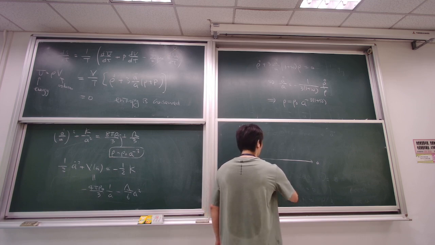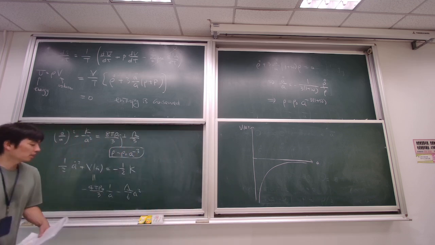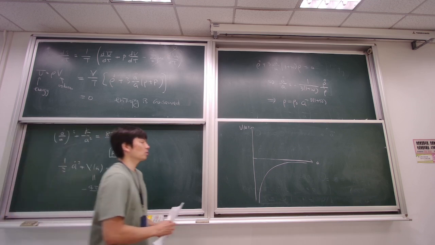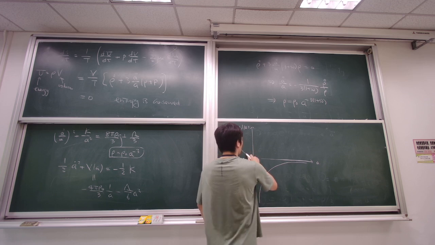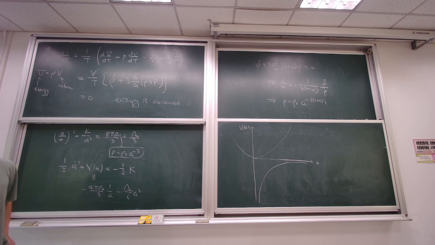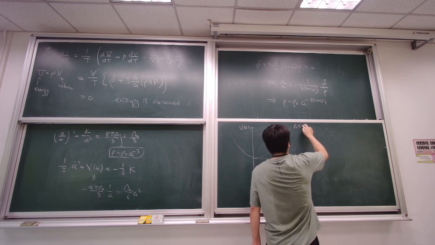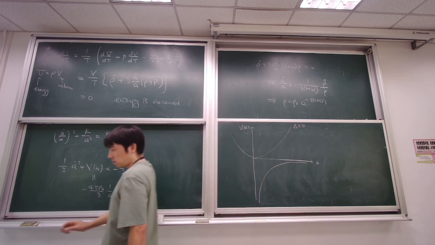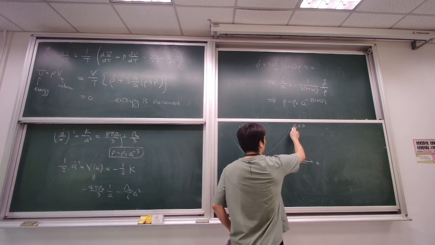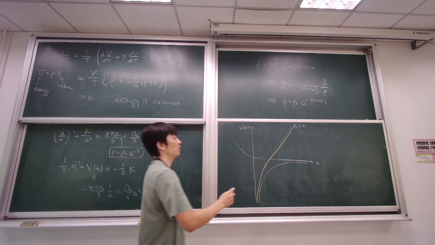The second term, when lambda is negative, becomes like this way. So when lambda is negative, the potential V of a becomes something like that.